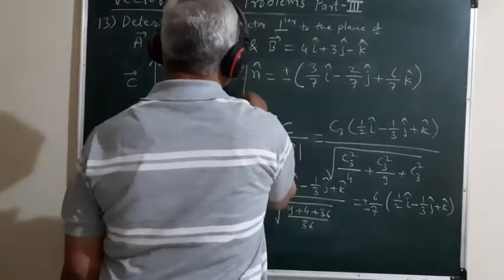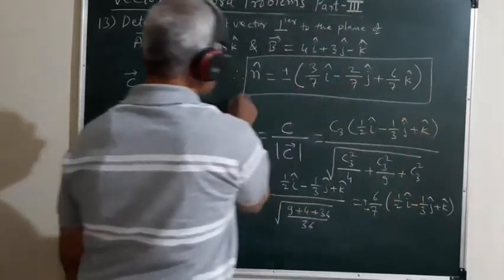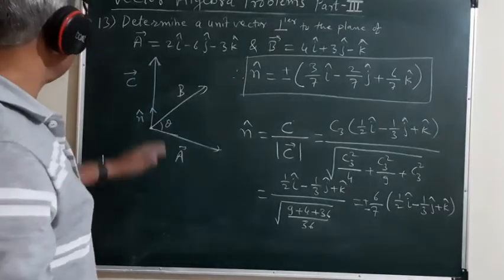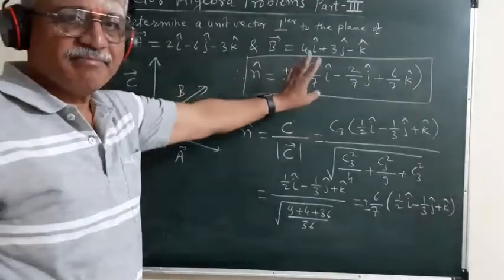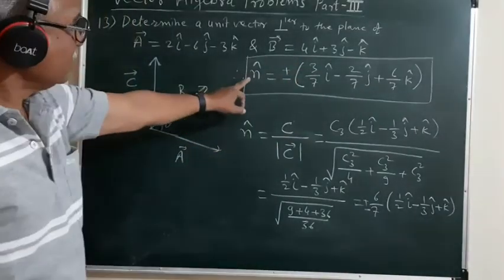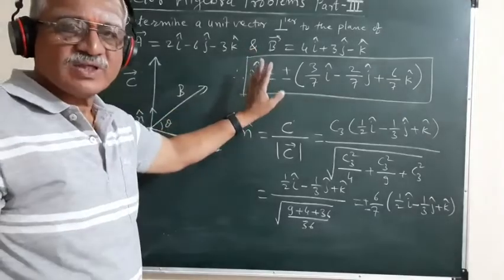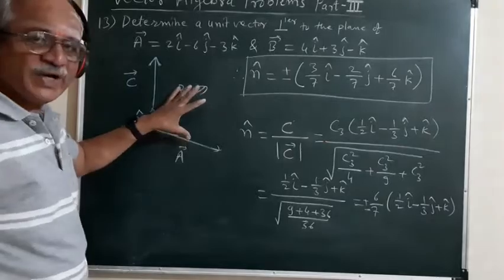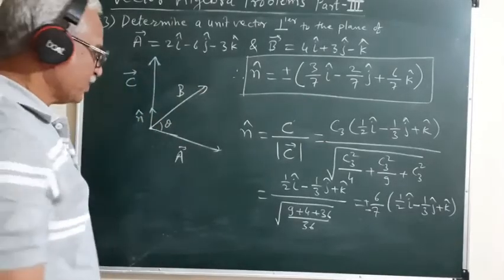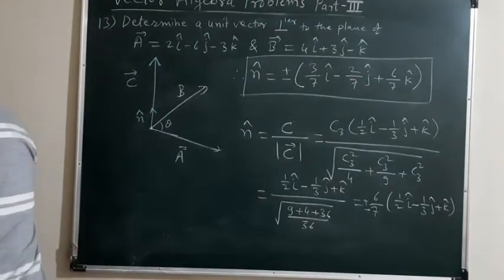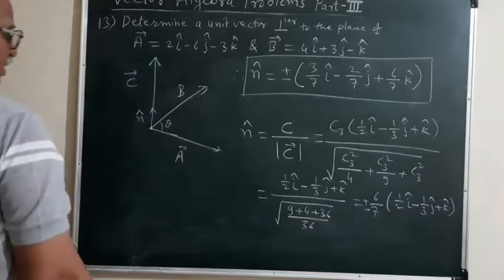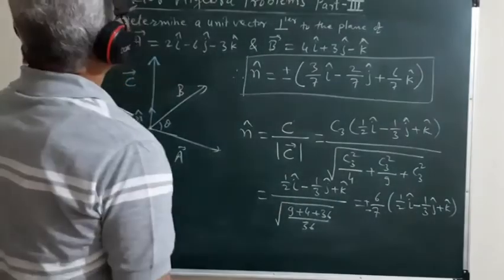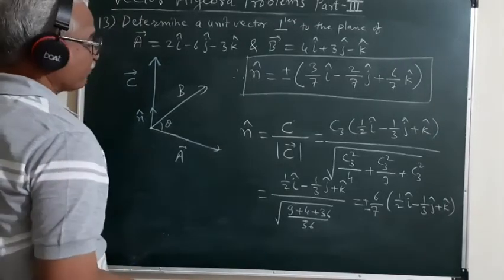So this is the required unit vector in the direction perpendicular to the plane of A bar and B bar. So that is how we can find the unit vector perpendicular to the plane of the given two vectors A bar and B bar.